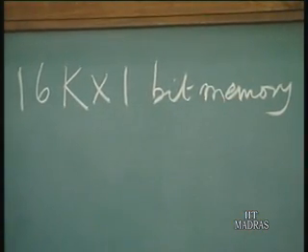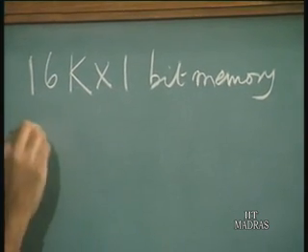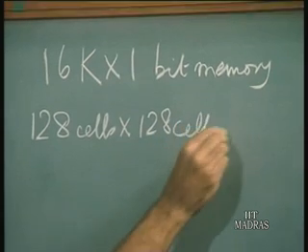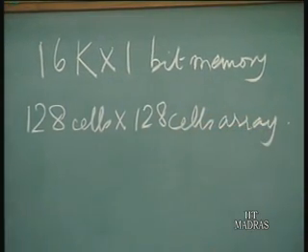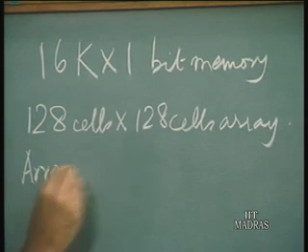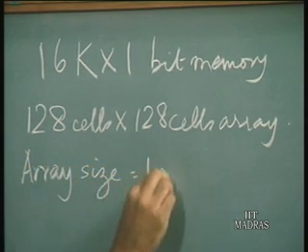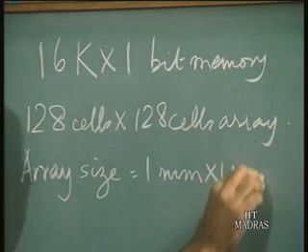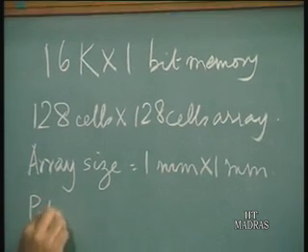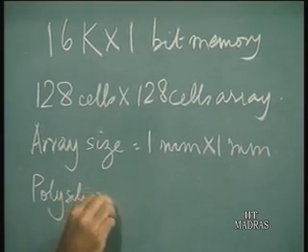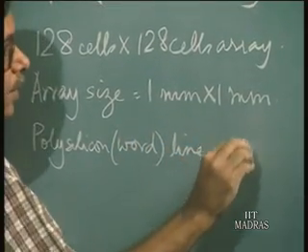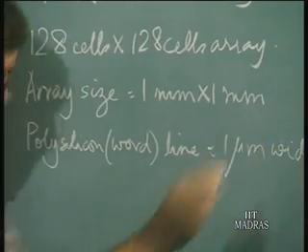Okay, so the array is 128 cells into 128 cells array. Array size is 1 mm into 1 mm. The polysilicon line, which is the word line, is one micron wide, so that is a 1 micron line.